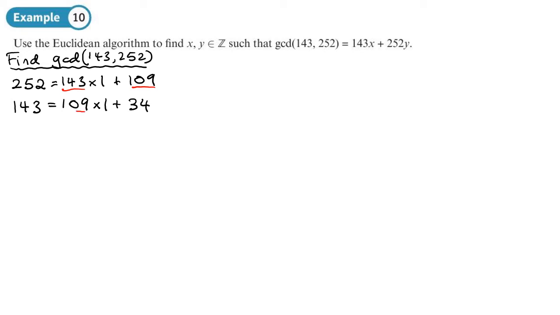So again, shift across these two numbers. 109 equals 34 times by, right now I reckon it's 34 times 3, that's 102, yeah. So that makes 102, that leaves a remainder of 7. Shift across these two.